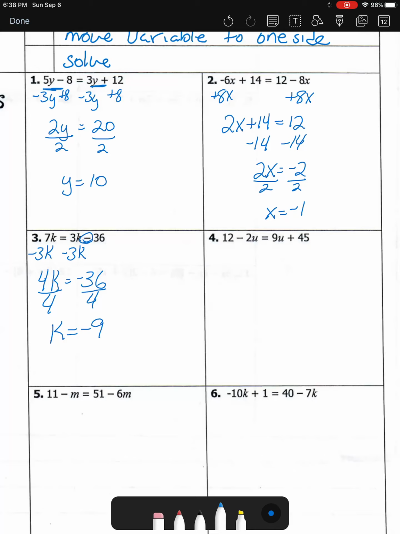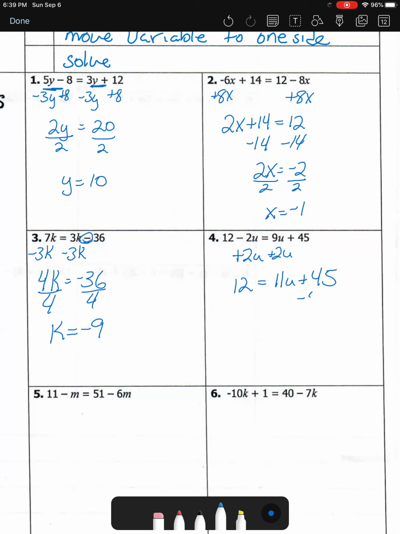Okay. So this will be the first one where we end up on the right hand side, because I'm going to take this negative 2u and we're going to add 2u. Okay, so 12 is going to equal 11u plus 45.